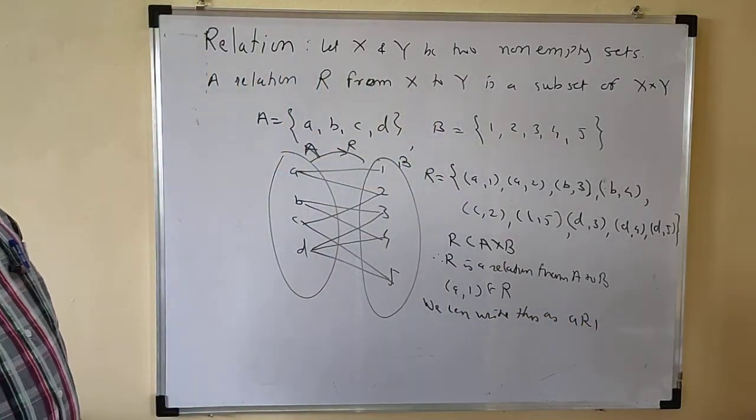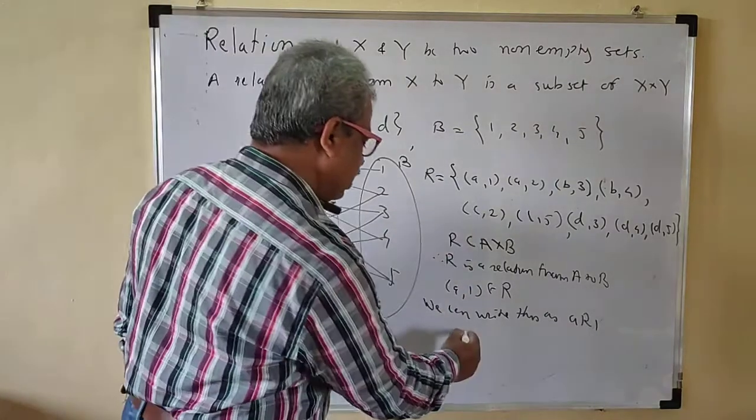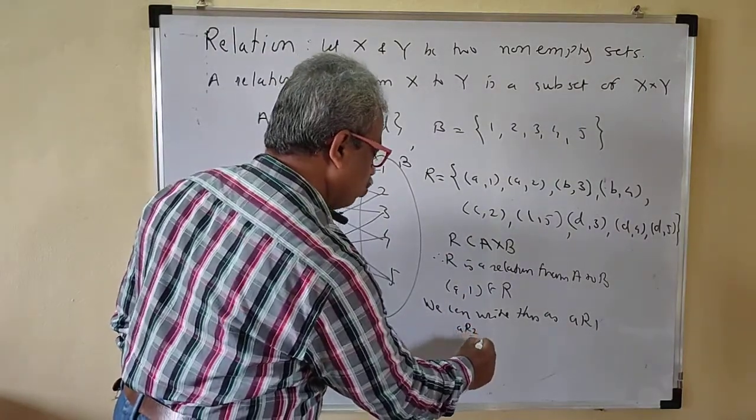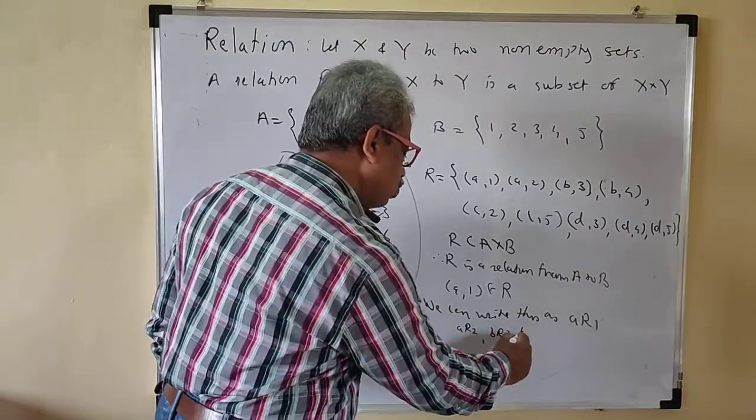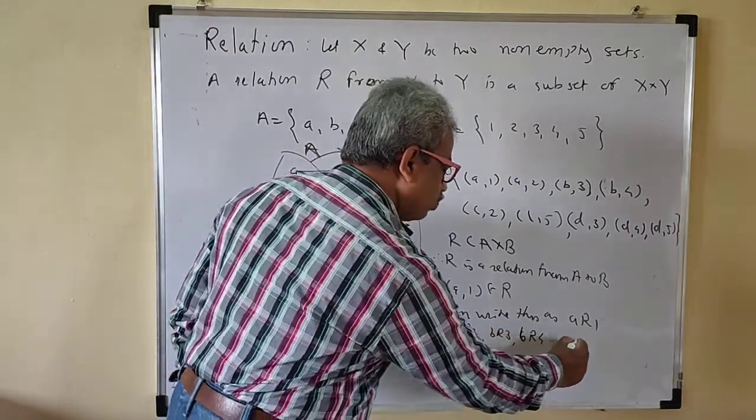Similarly you can write a is related to 2, b is related to 3, b is related to 4, and so on.